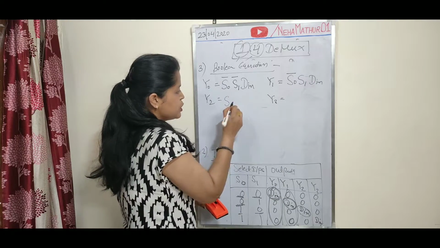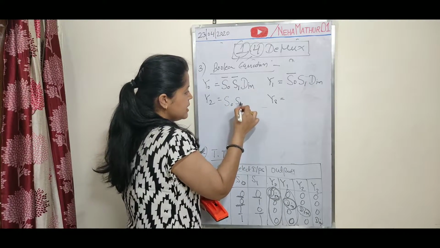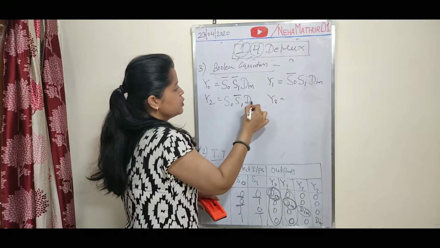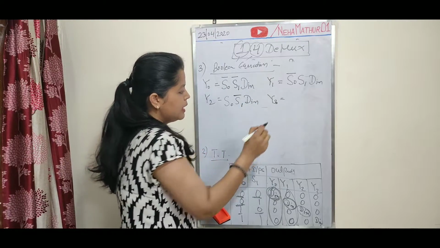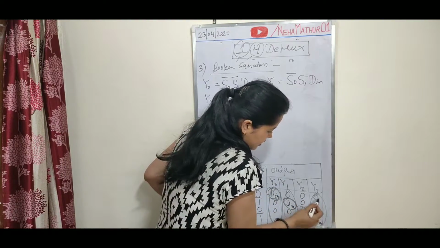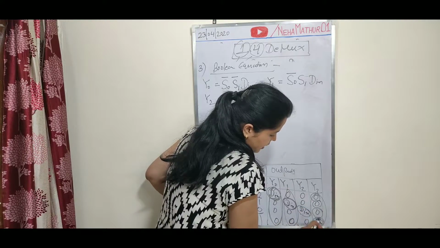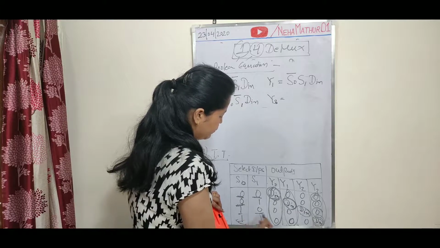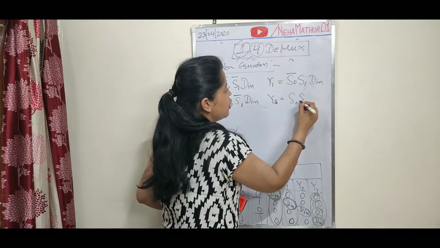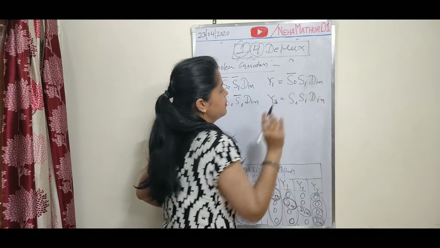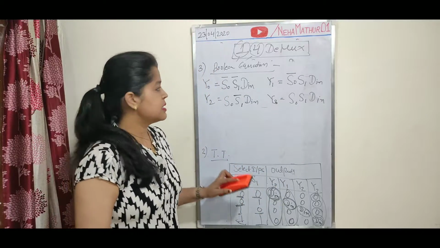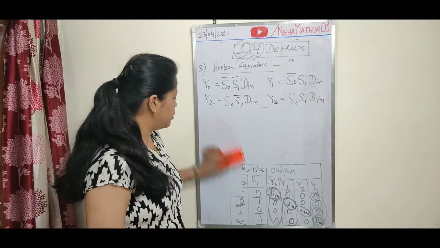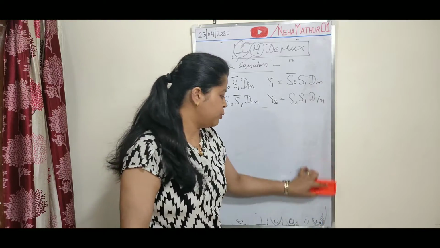So S0 is equal to 1 while S1 is equal to 0, into Din. What about the last? Again 3 terms are 0, no need to write anything. For this Din it is because of 1, 1. So it will be S0 S1 Din. Fine. These are the Boolean equations for all the outputs.